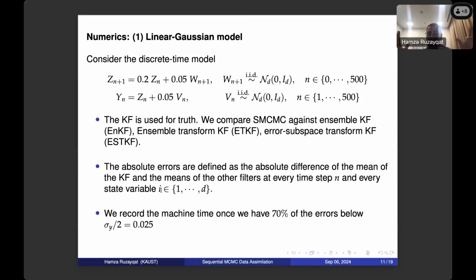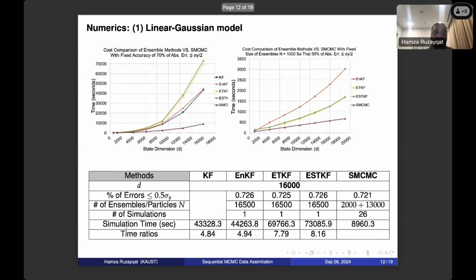So you have a matrix of size t times d, where t is the number of time steps. Once 70% of these errors are less than sigma y over 2, where sigma y is the standard deviation of the data noise error, we record the time.